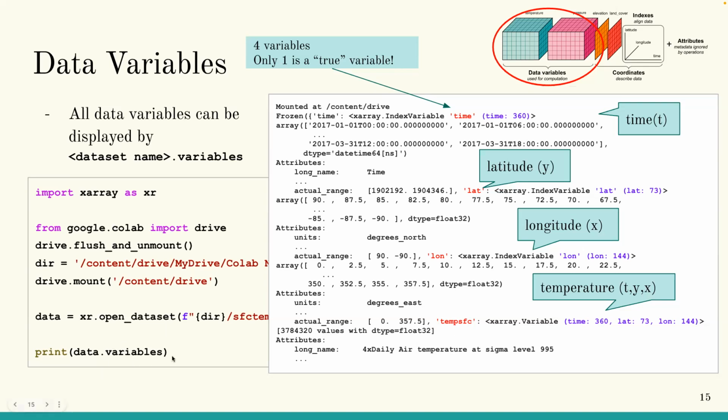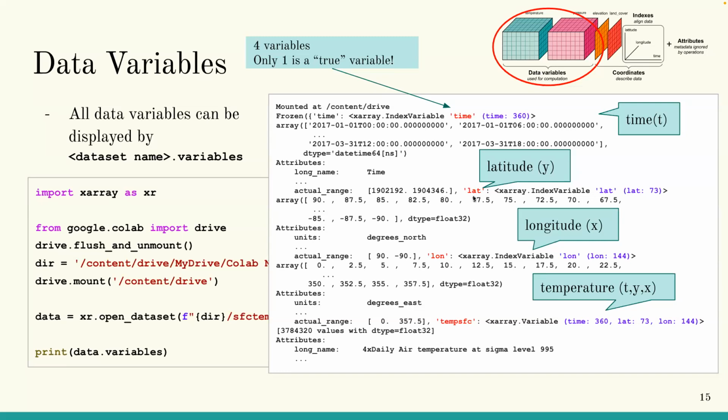When you print data.variables, it will not give you colors. I'm just highlighting that for you to understand easily. So it's giving you this messy outline. Time is in here, latitude in here. I don't know why the format is messed up, because the actual range belongs to time in here, right?